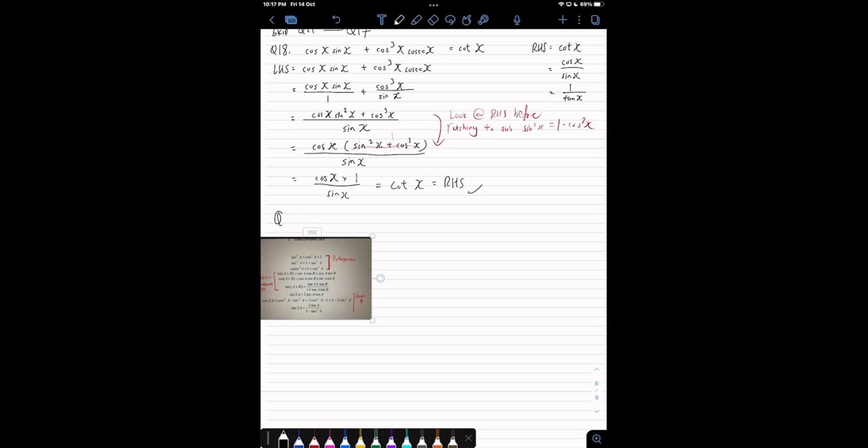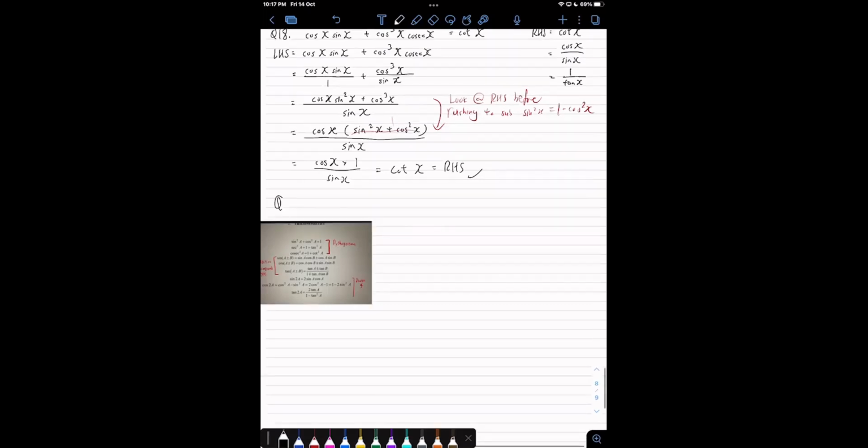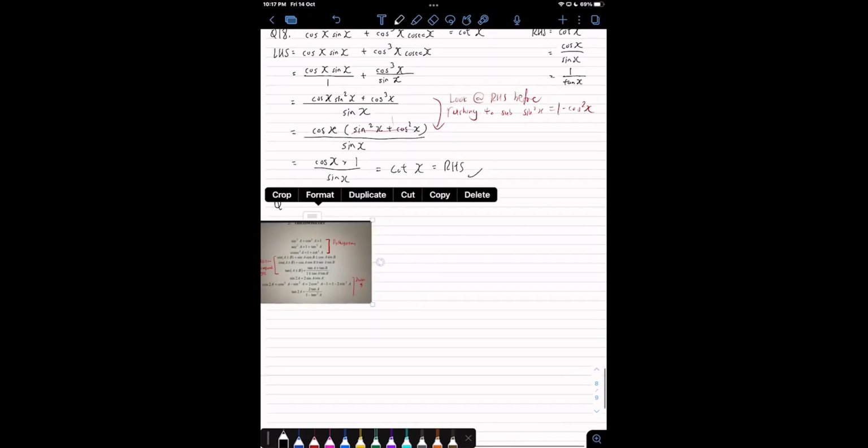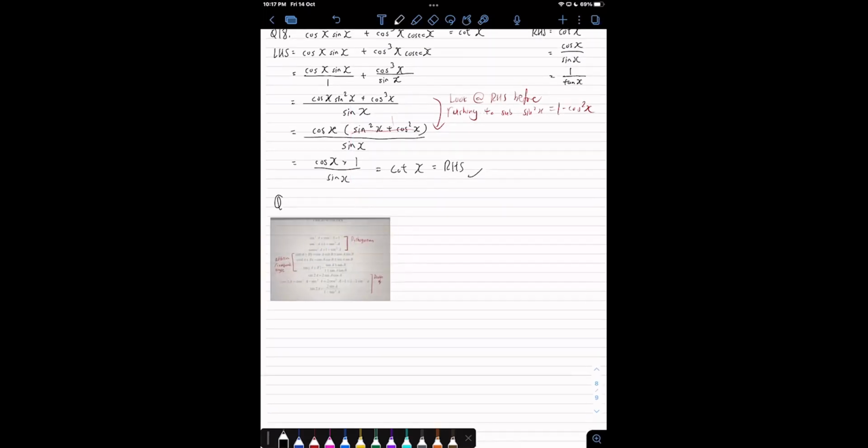And then question 25, I think I'll go through. Or do you want to do it as a challenge? No, I'm good. Question 25 is the exact value of cosine 18 degrees, and the amount of work required to get the exact value is extremely long-winded.